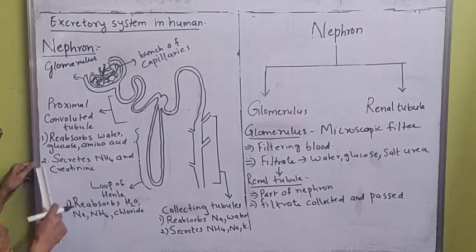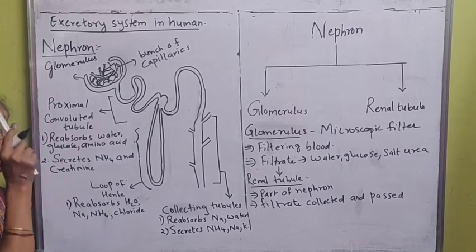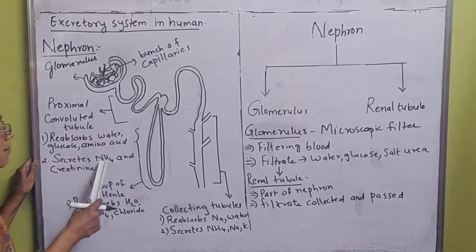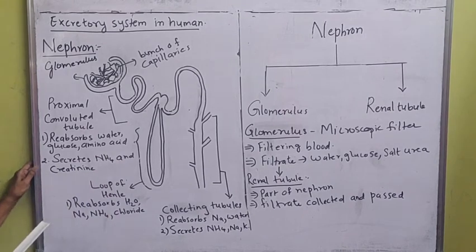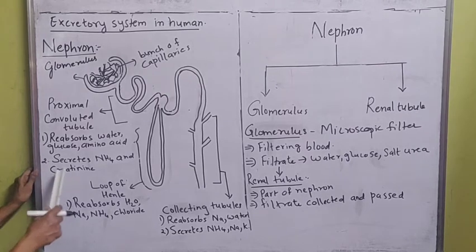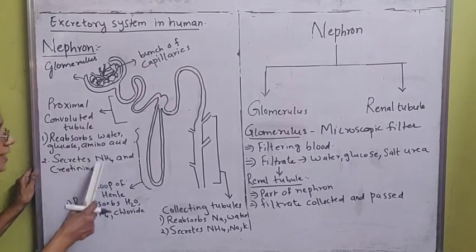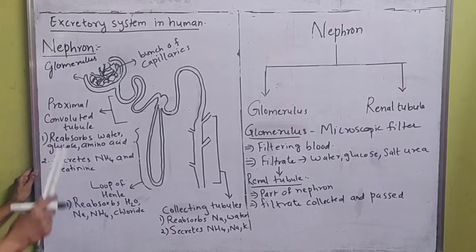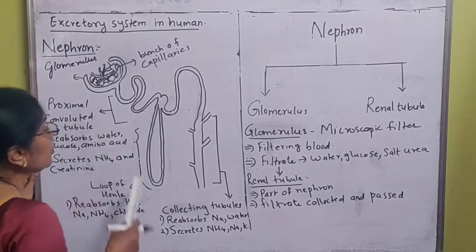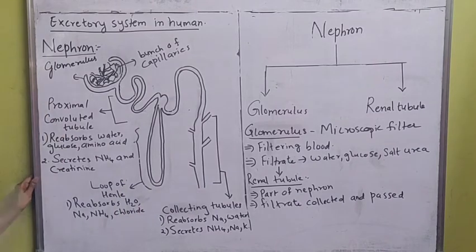Then it has the capacity to secrete. It secretes ammonia and creatinine. Creatinine is an important content in the kidney. So that is what you call the proximal tubule.